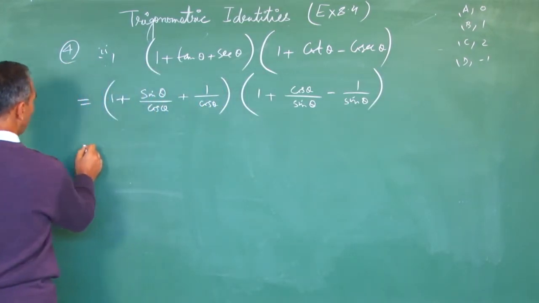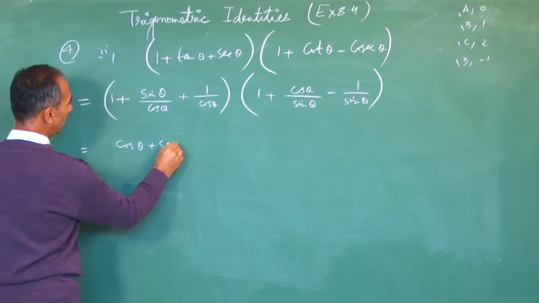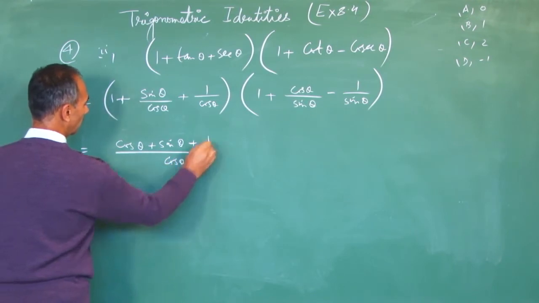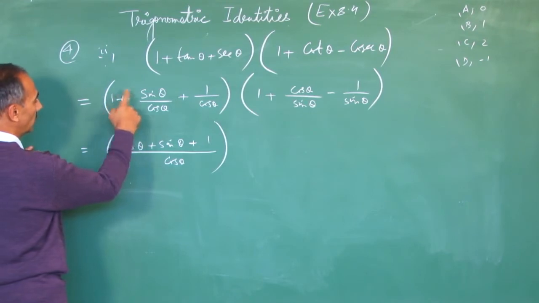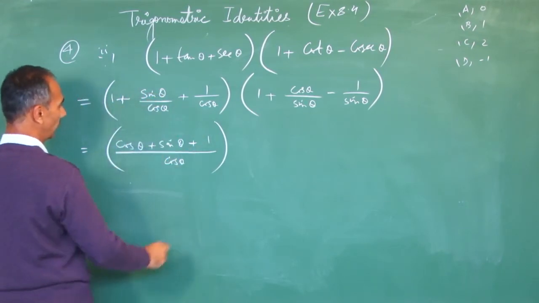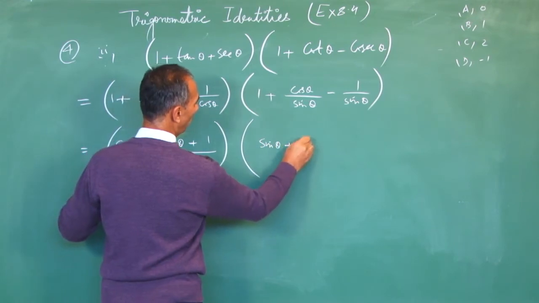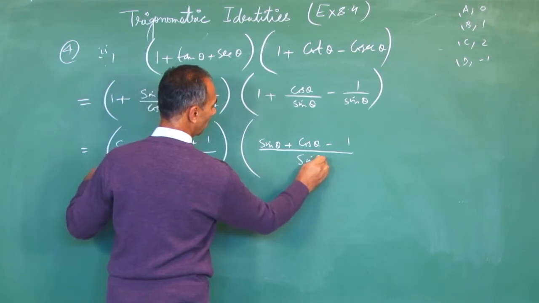Now let's take the LCM. This is going to be (cos theta plus sine theta plus 1) whole upon cos of theta, and this will be (sine theta plus cos theta minus 1) whole upon sine of theta.